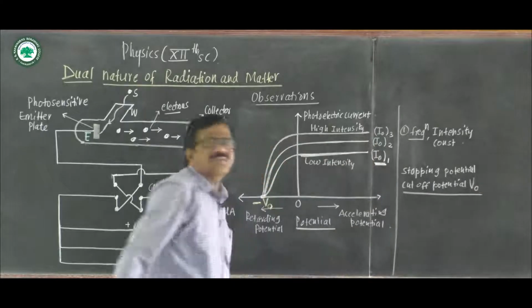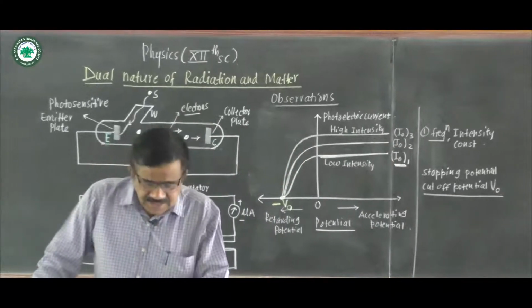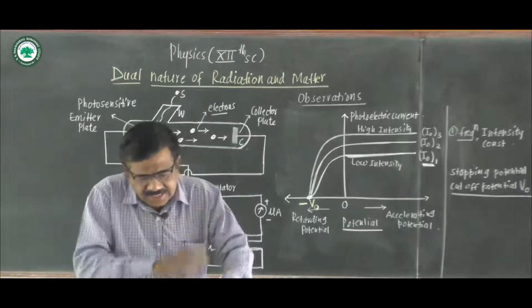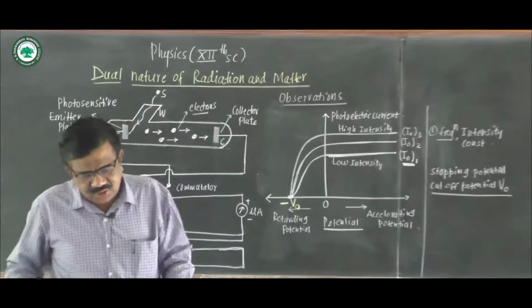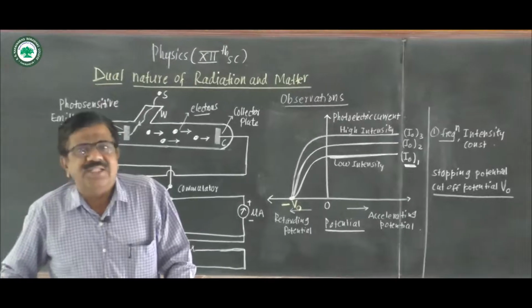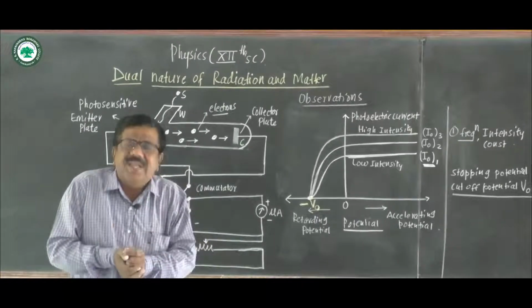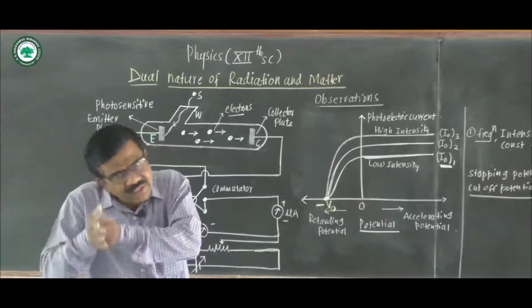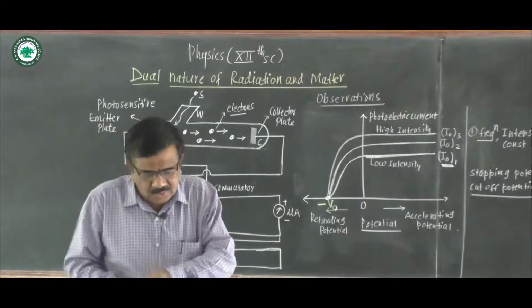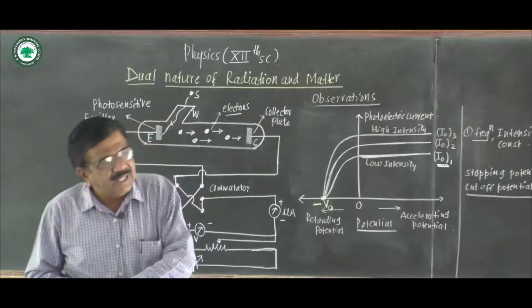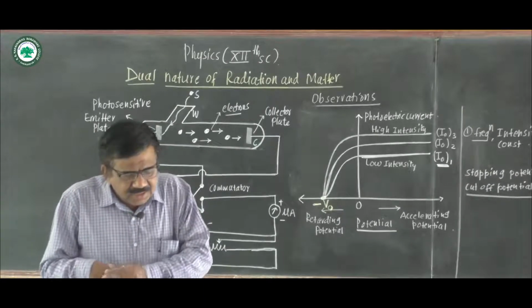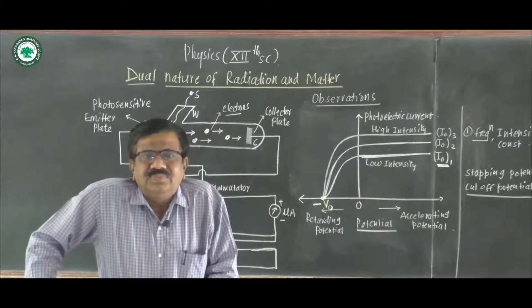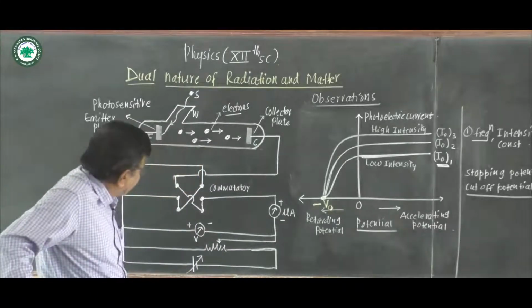So what is the definition of this stopping potential? It is the minimum negative potential given to the collector plate for which photoelectric current becomes 0. Now when photoelectric current becomes 0, what does it indicate?